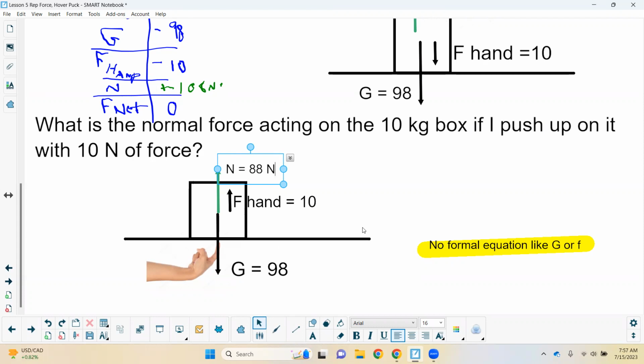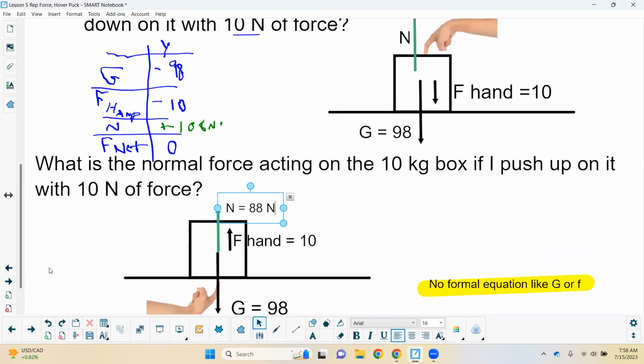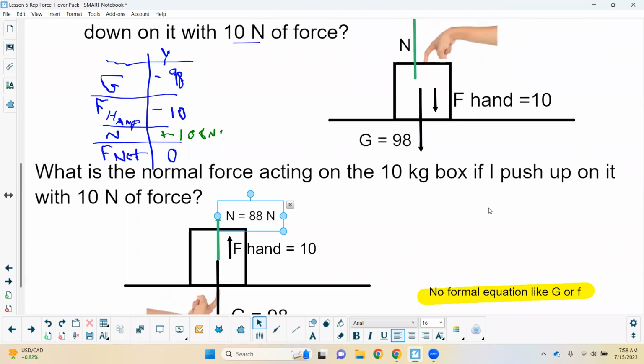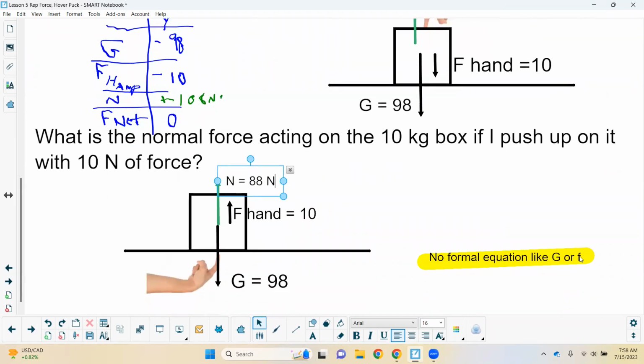So the idea is that the normal force just makes it so the net force goes to 0. So if we had 98 down and 10 going up, the normal force has to provide the other 88 going up. That's it. Those are the ideas with normal force. Again, there is no formal equation like gravity or friction, which we're going to talk about next. But it is a balancing kind of idea.